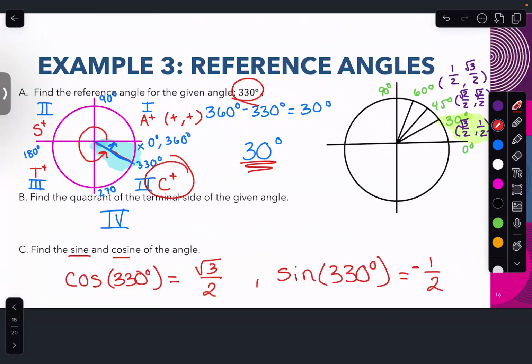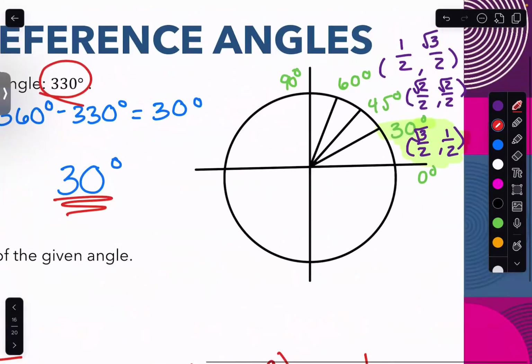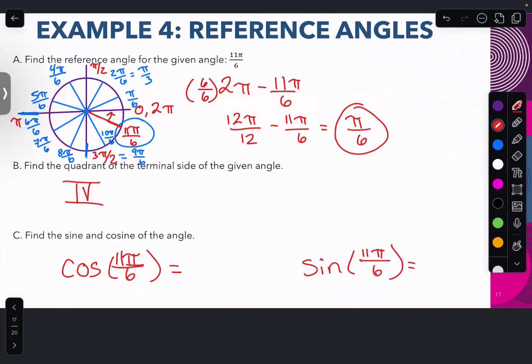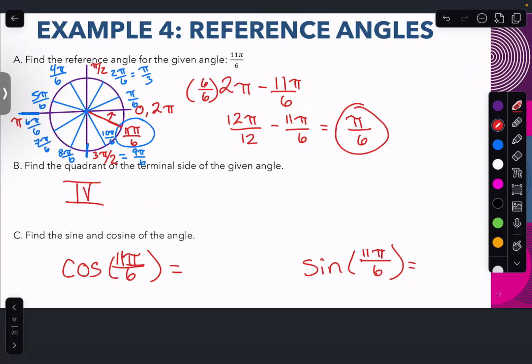If we go back again and I reference my unit circle, I notice that cosine of 30 degrees, aka pi 6, is going to be square root of 3 over 2. And it is also in quadrant 4, so cosine is positive. Sine of 11 pi 6 will be 1 over 2, and that will be negative since it's in quadrant 4.